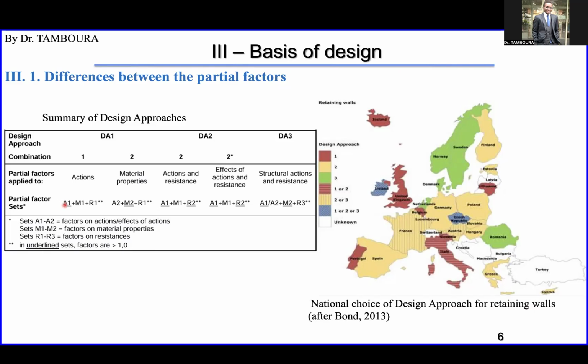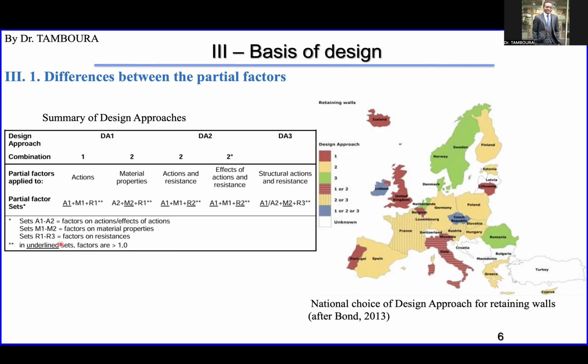A is for actions, M is for material, R is for resistance. I think it is written here. A1 to 2 is the factor on action or effect of action. M1 to 2 is the factor on material properties.